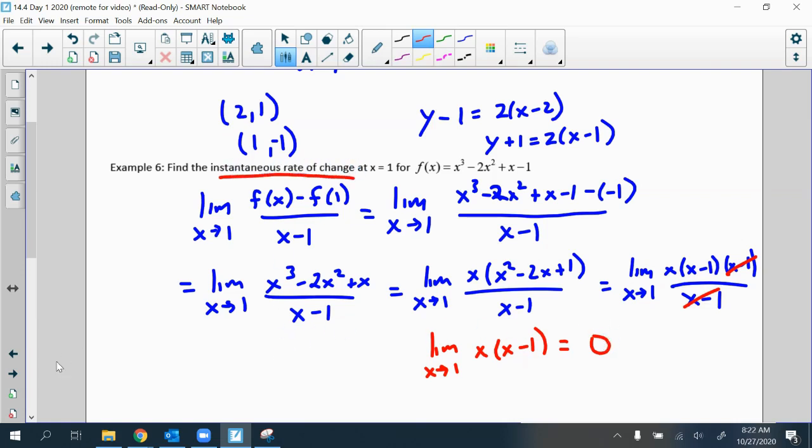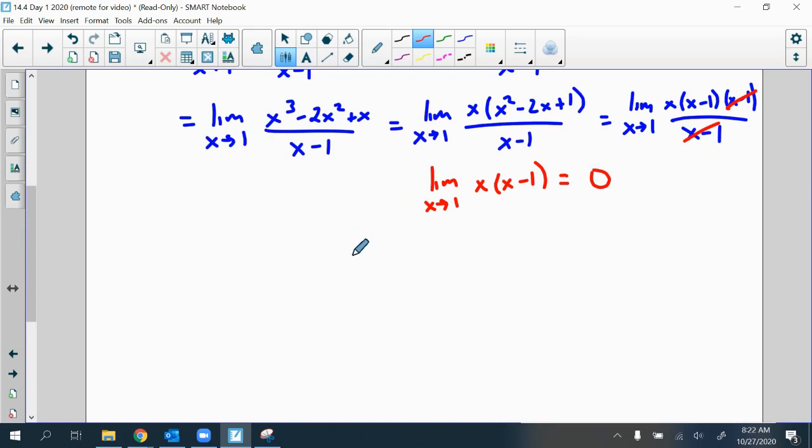So the instantaneous rate of change, or the slope of the tangent line at the point 1, -1, would be 0. So what that means for our graph is it would look something like this. At the point 1, -1, our slope, and I don't remember which one it is.